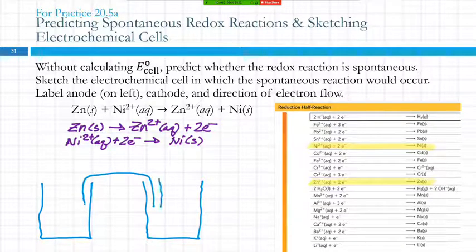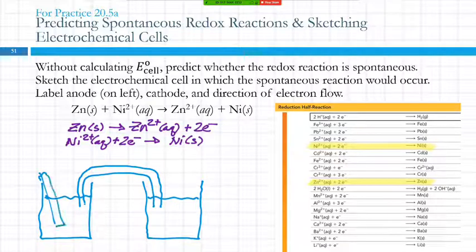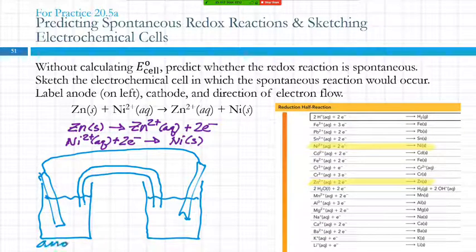We need to put a salt bridge in here. And we've got liquid on both sides. We have some sort of a metal piece here, and then we're going to connect these by a wire. This is the anode, because the anode's always on the left, and the cathode is on the right.